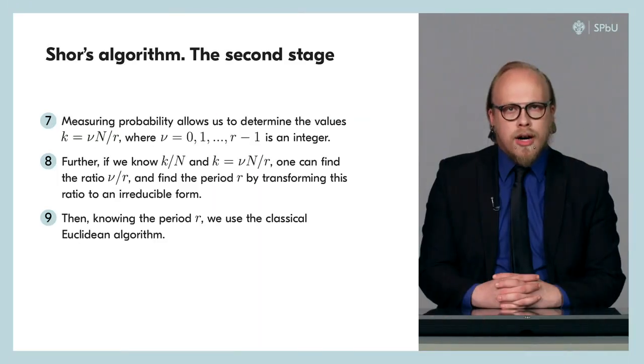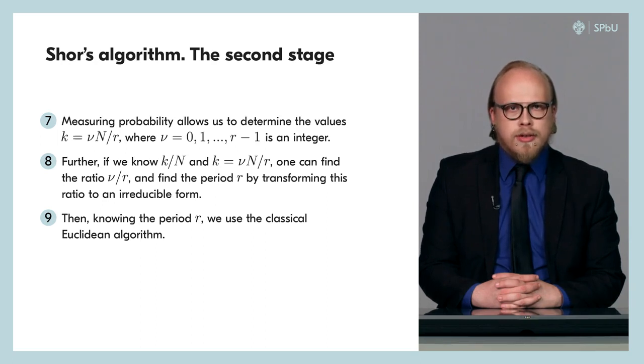If the ratio of r to n is small, then it can be obtained that k with probability 4 divided by pi squared will take discrete values. That is, after the quantum Fourier transform, we obtain an equiprobable superposition with period n divided by r. Further, the probability measurement makes it possible to determine the values of k equal to nu multiplied by n divided by r, where nu runs through integer values from 0 to r minus 1.